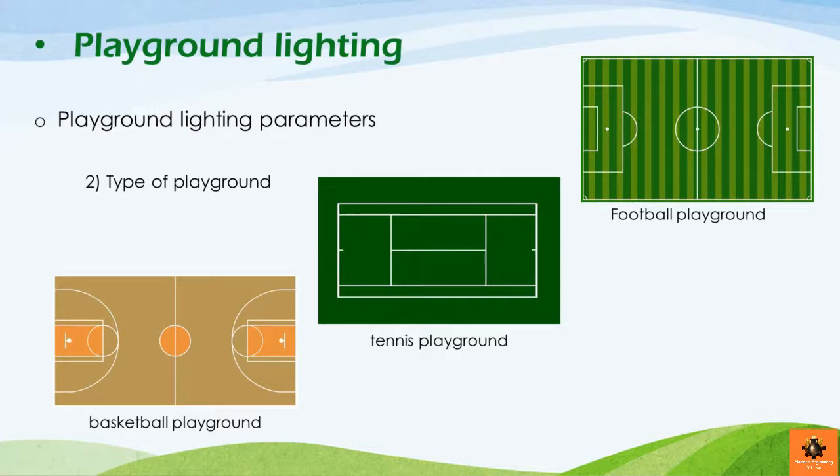So what we wanted to say is that according to the playground type, we specify the required value of illumination, and also we specify the different designs of distributing the lighting poles according to the type of the playground itself. Very good.